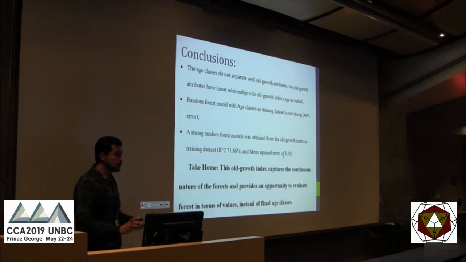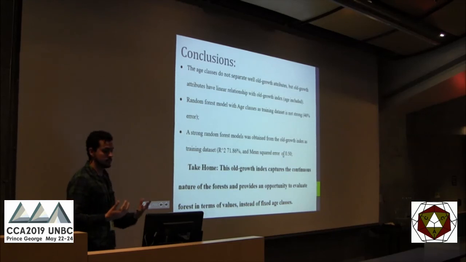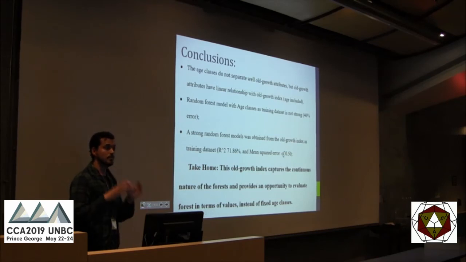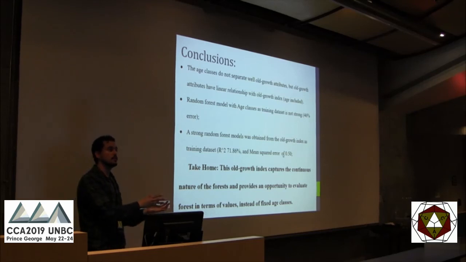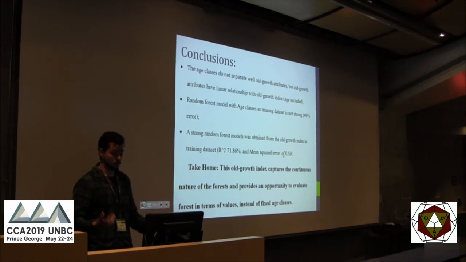And as a final message, this old growth index can capture the continuous nature of the forest. It provides us with the opportunity to measure forest not in terms of age, but in terms of old growth values, in terms of old growth attributes.